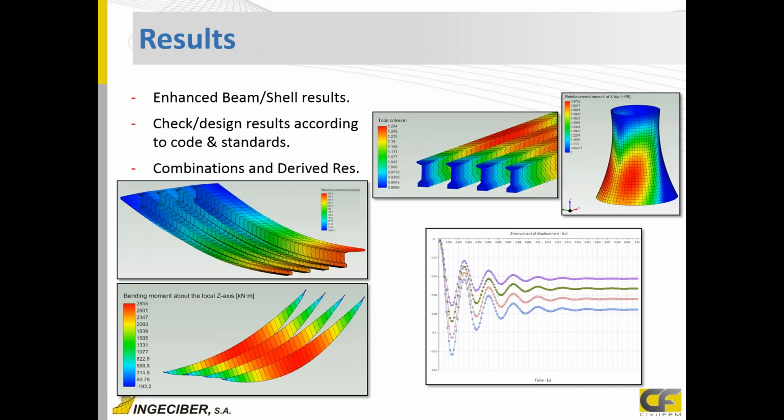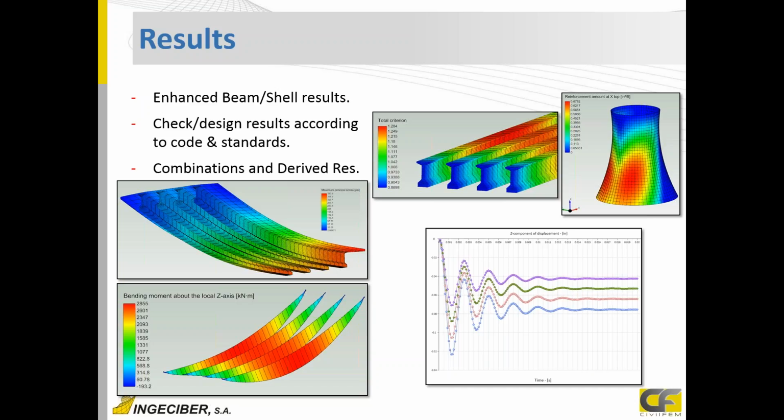All the results that are shown here can be used for the beam case or shell case, using the enhanced results, which show the real size or shape of the model. Or sometimes it can be more useful to show a 2D view.